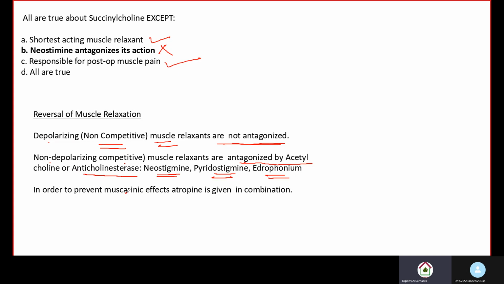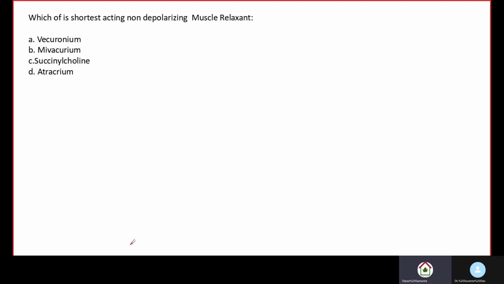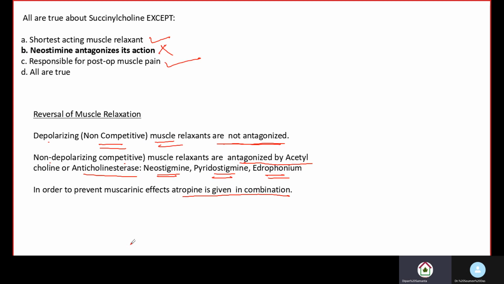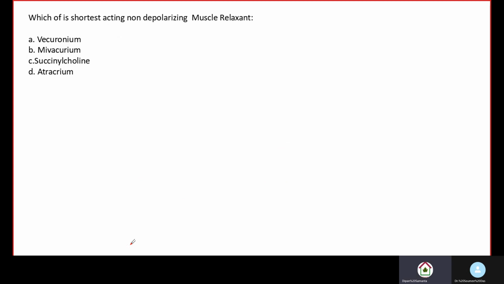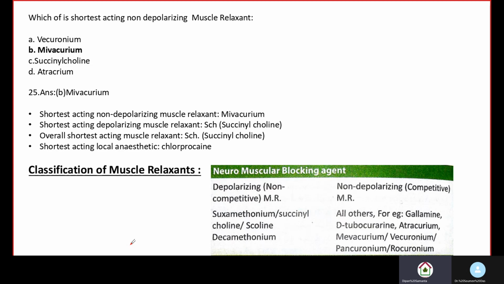In order to prevent muscarinic effects, atropine is given in combination. Which is the shortest acting non-depolarizing muscle relaxant? Vecuronium, mivacurium, succinylcholine, atracurium. The answer will be mivacurium.